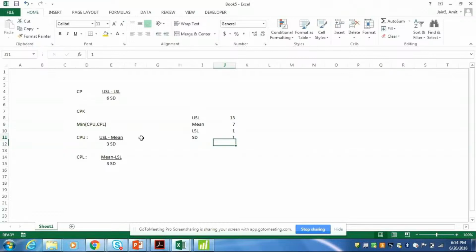Okay, so this is the scenario, right? In this, the mean is exactly in the middle.